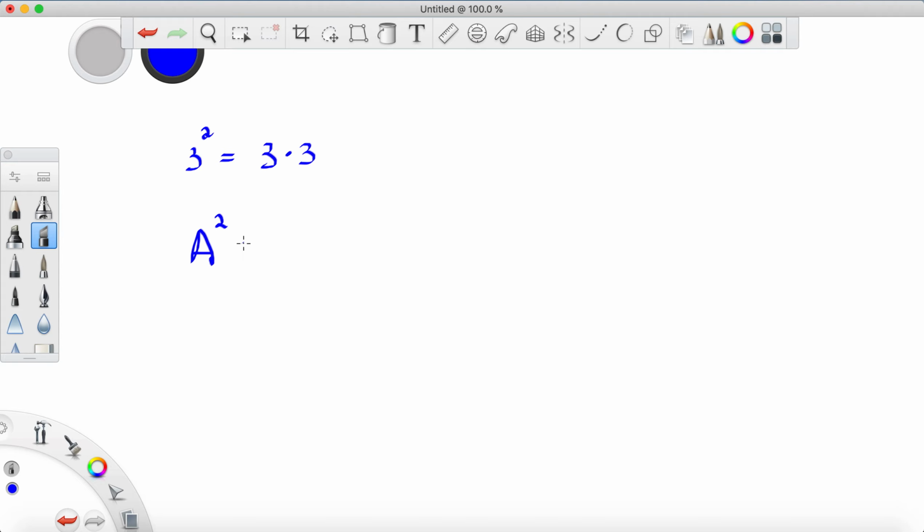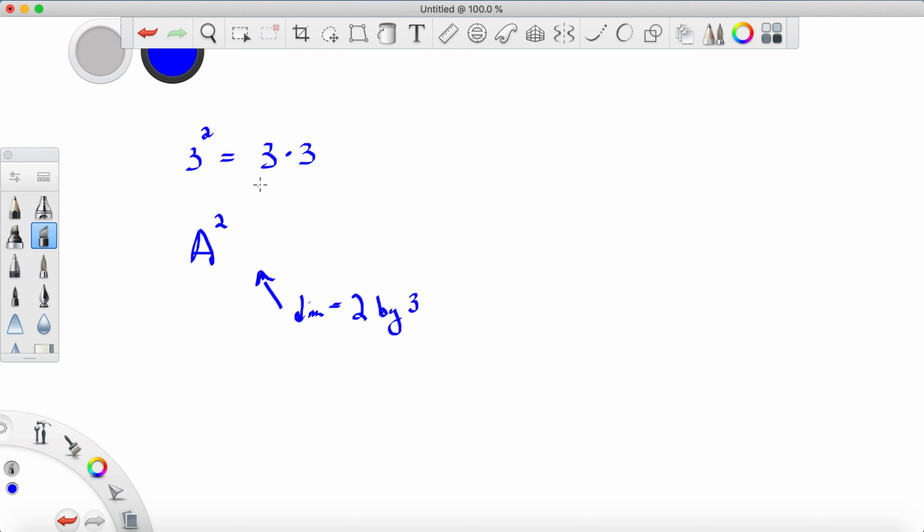Suppose A had dimensions, let's say 2 and 3. So the dimension is 2 by 3. How could I define A squared?